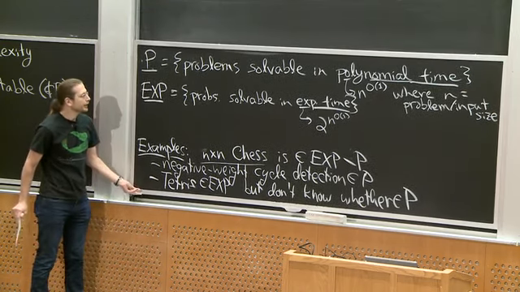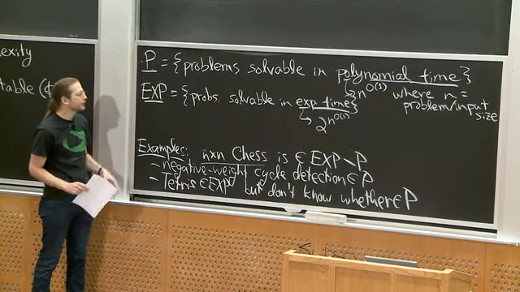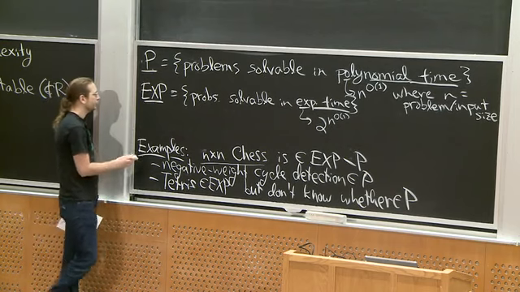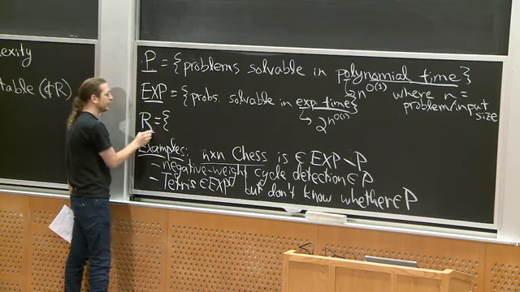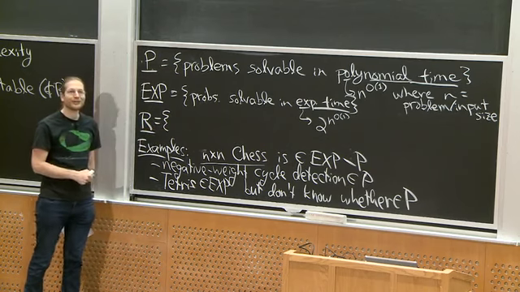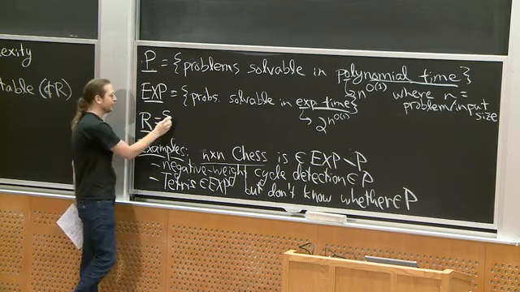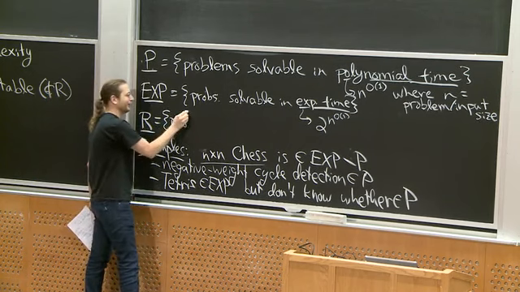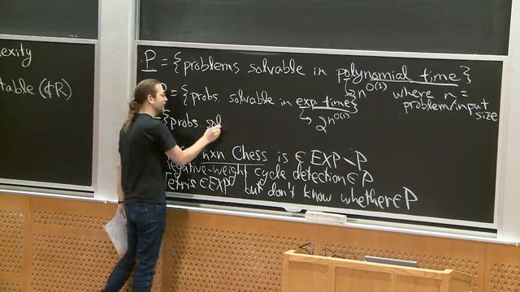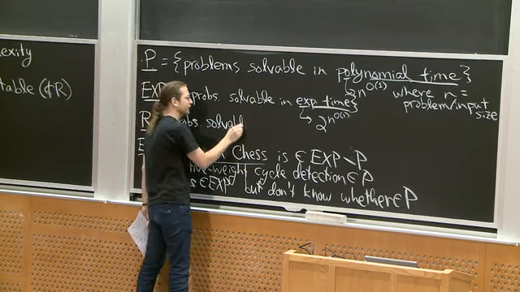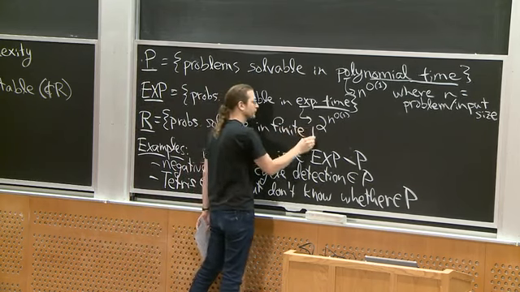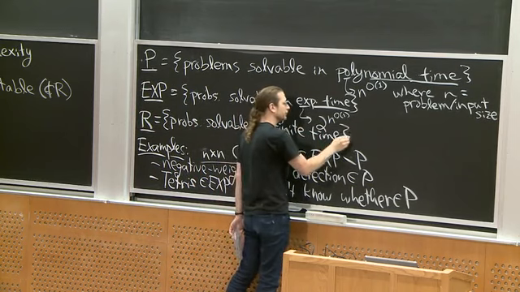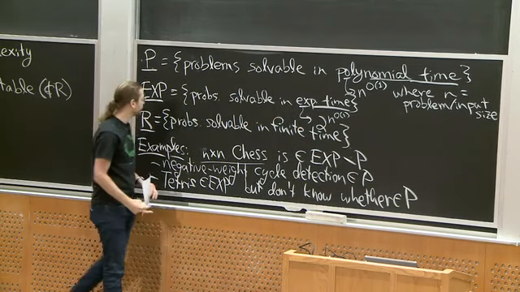All right. So there's one other class I want to define at this point, and we'll get to a fourth one also. But R is the class of all problems that can be solved in finite time. R stands for recursive, actually.